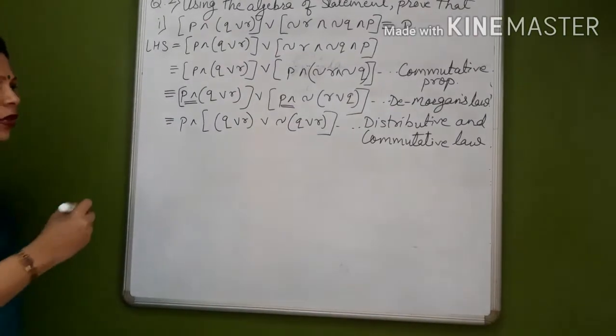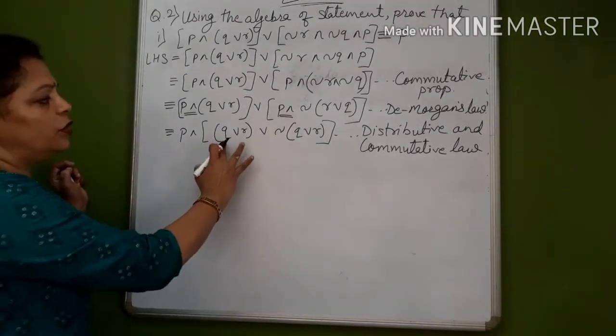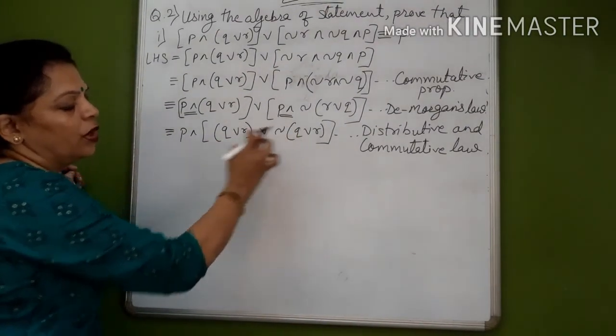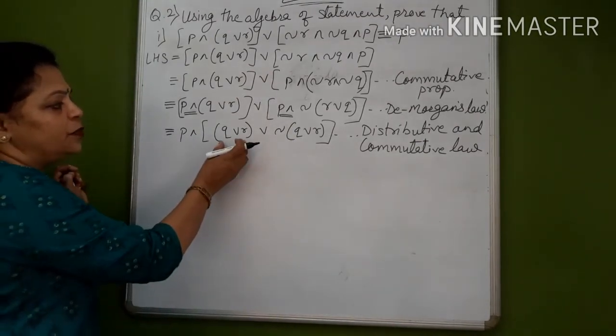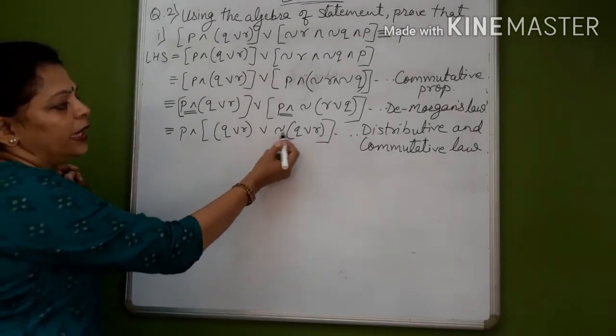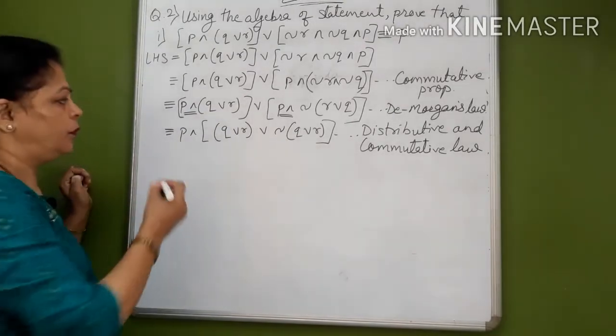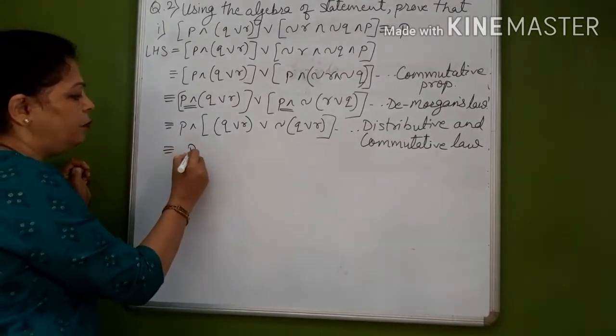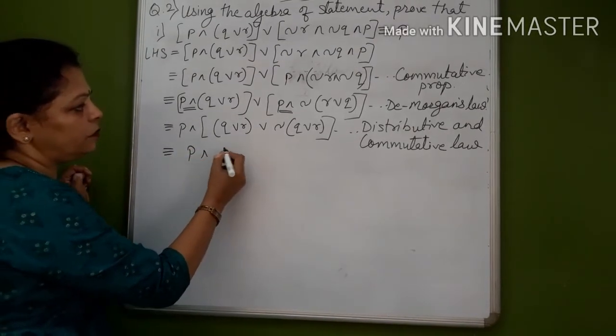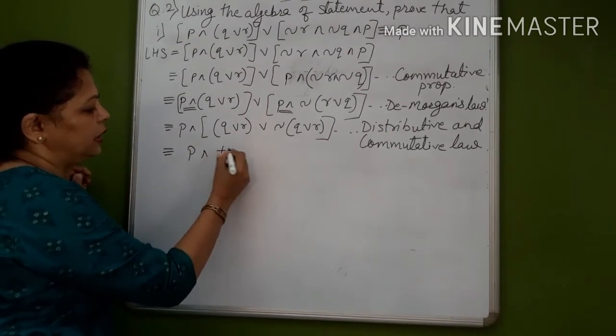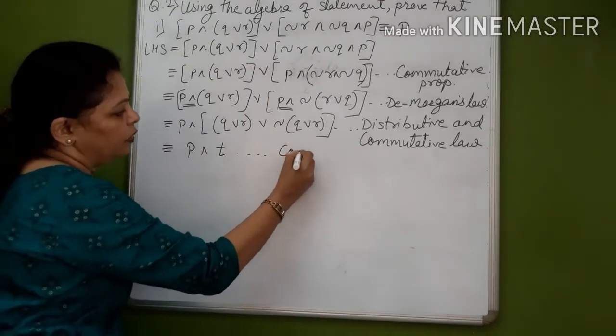Distributive and commutative law. Now see, this is Q or R and negation of Q or R. Suppose I say this is P, so P or negation P will be true. So this is the same as P and T, complement law.